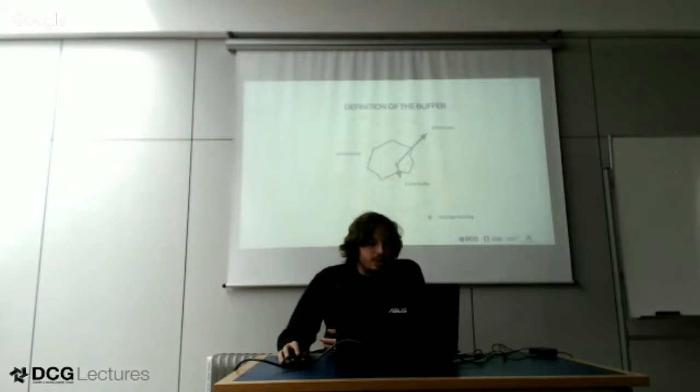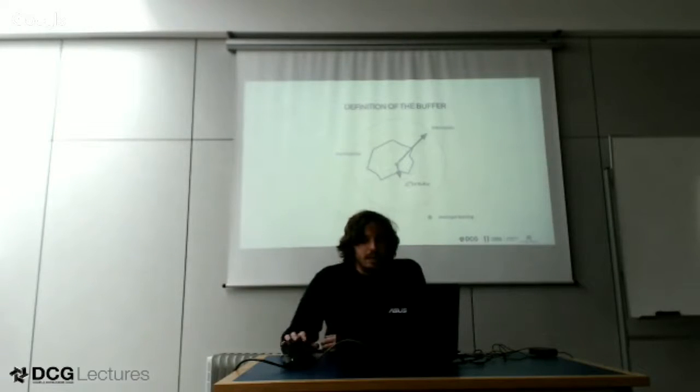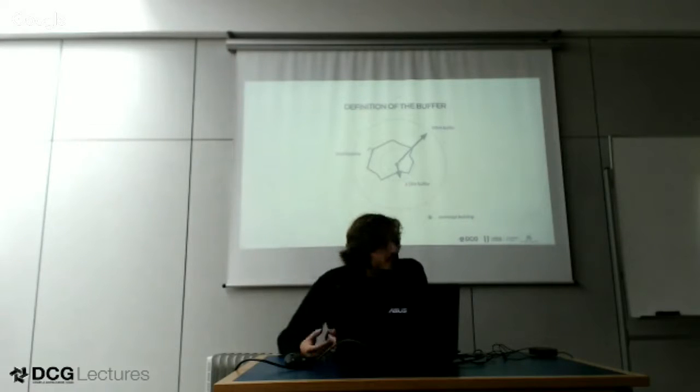We create two buffers. The first one, around the municipality, is a buffer of 2.5 kilometers that we thought could be the 30 minutes walking distance, and a buffer of 30 kilometers that is supposed to be the 30 minutes driving distance.